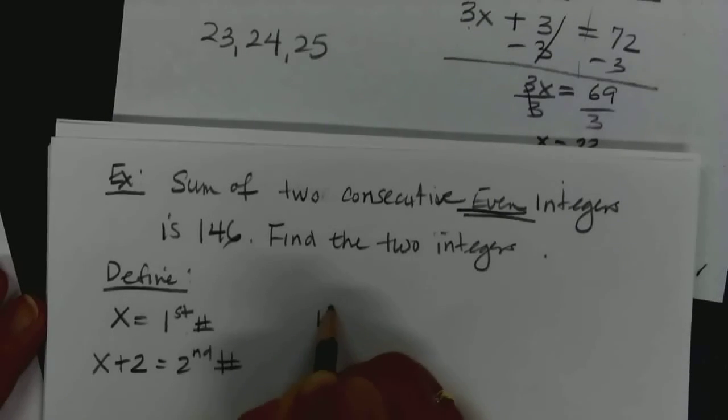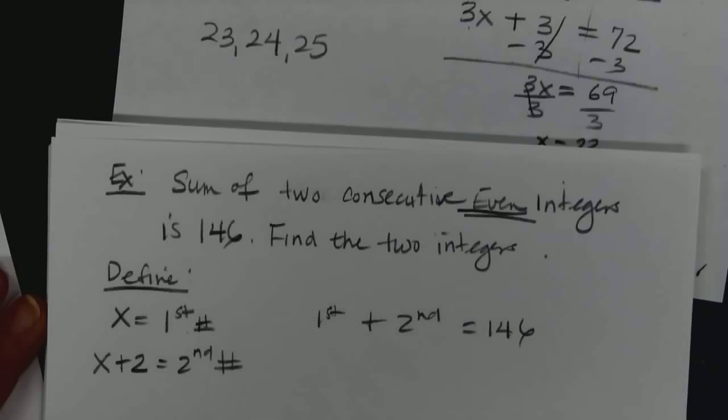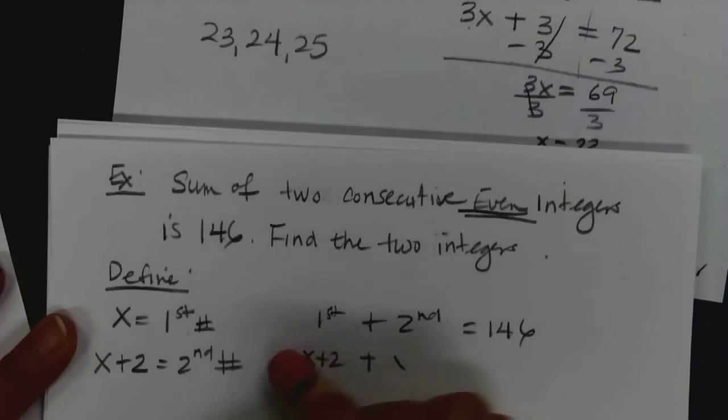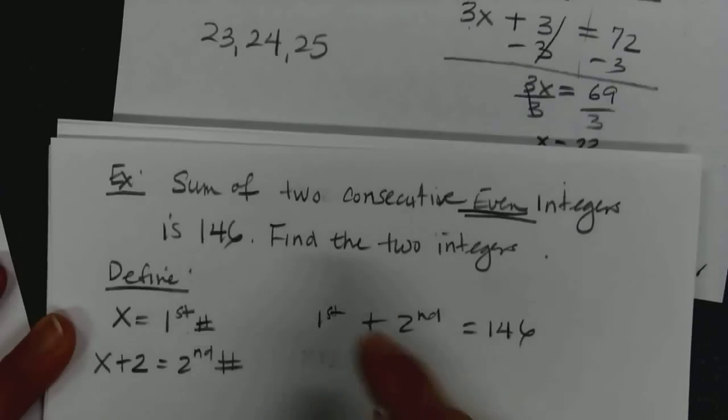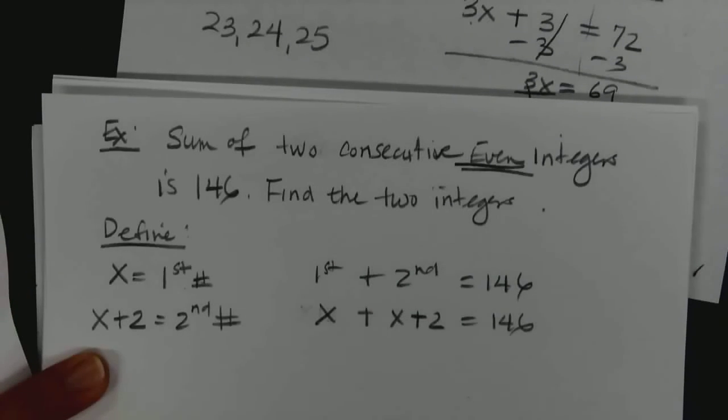So the sum means first plus the second equals 146. So this will be x plus x plus 2 equals 146. First and second.